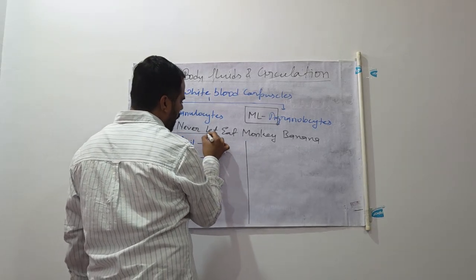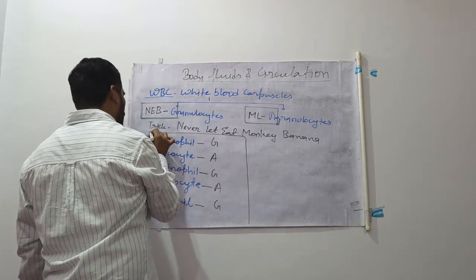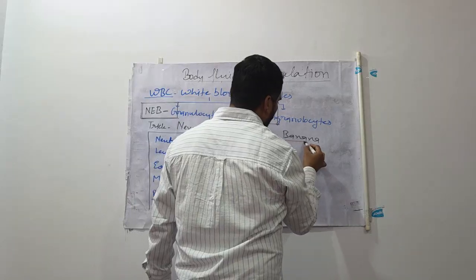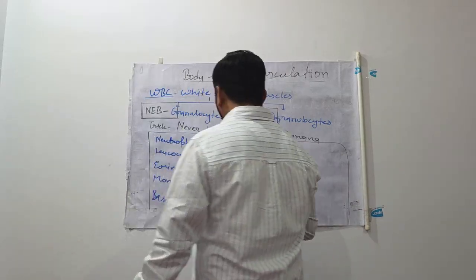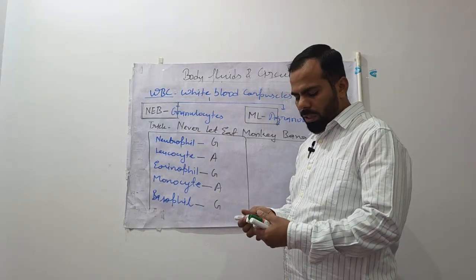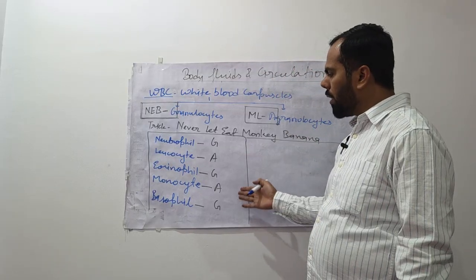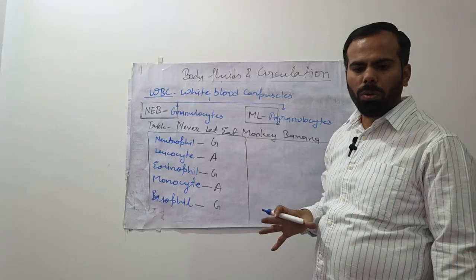See how this trick helps you make your toughest topic easier. Now I am writing how much neutrophil, leukocyte, eosinophil, monocyte and basophil form of the whole WBC.